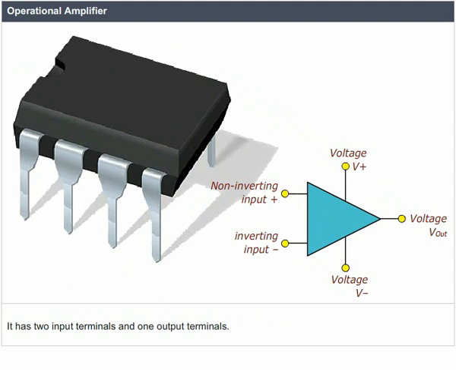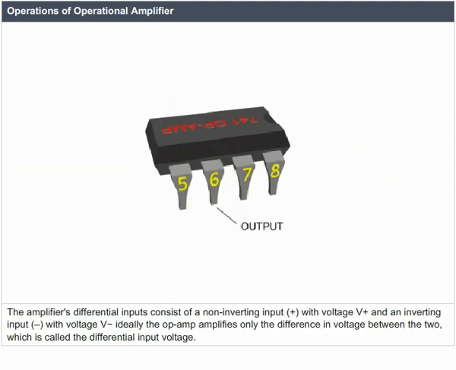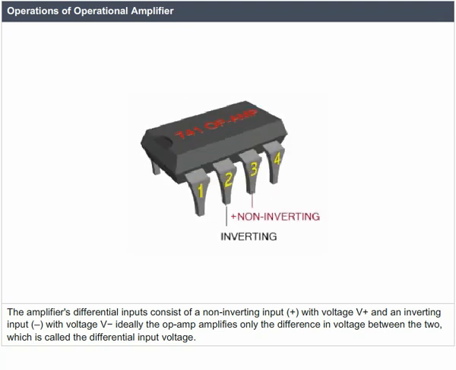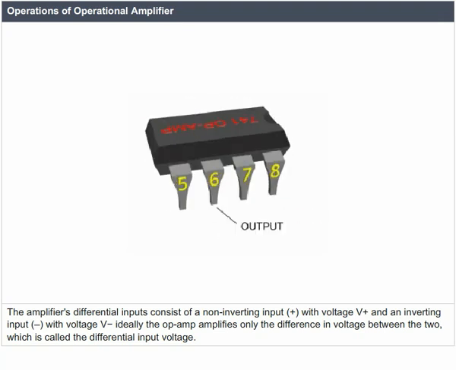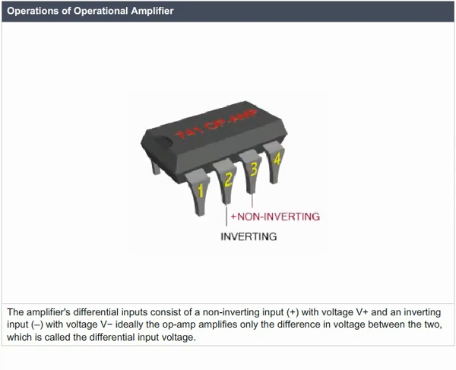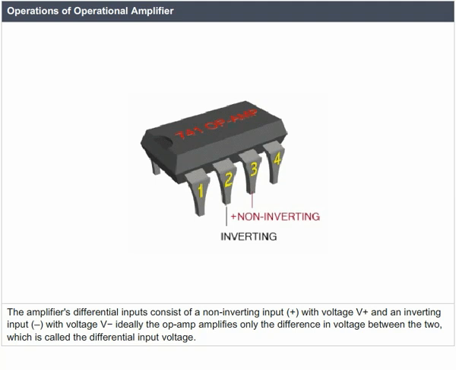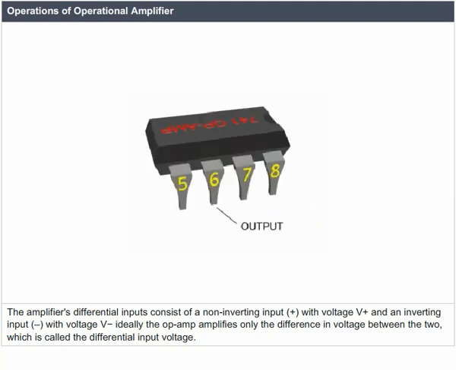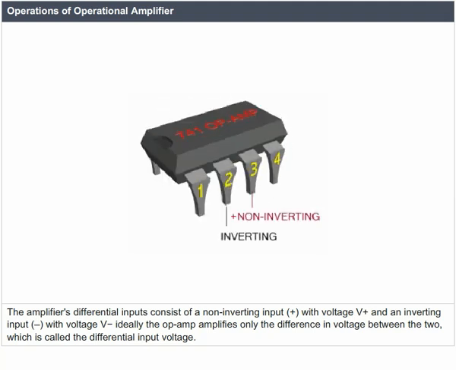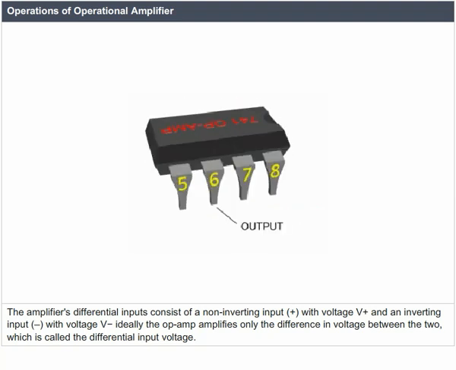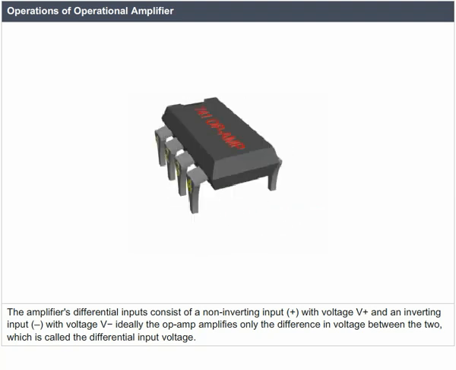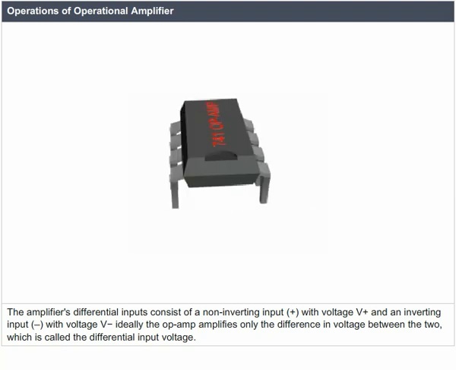Operations of operational amplifier. The amplifier's differential inputs consist of a non-inverting input (+) with voltage V+ and an inverting input (-) with voltage V-. Ideally, the op amp amplifies only the difference in voltage between the two, which is called the differential input voltage.